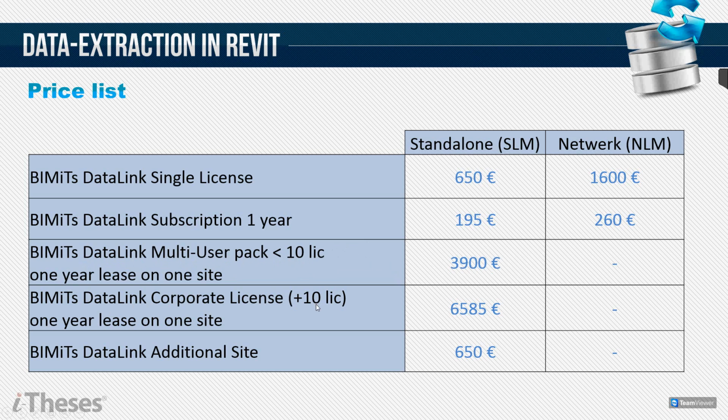If you go to a corporate license, so if you have a company which needs more than 10 licenses, you pay this amount for 1 year on one site, and then you can use BIMiTs DataLink unlimited. You can install it on as many computers as you want. If you need an additional site, if you have a company with more than one site, then there's an extra fee of 650 euro.